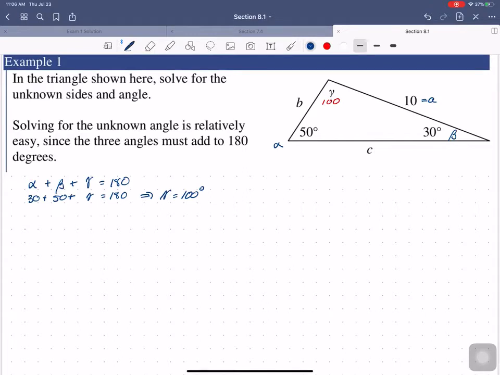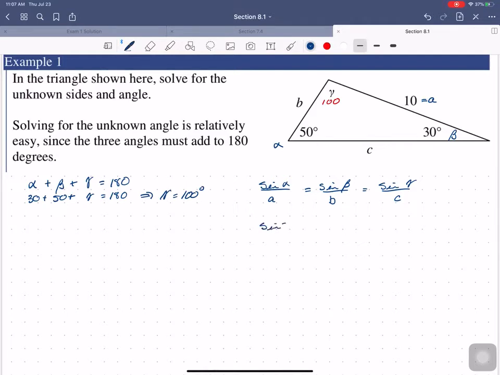All right, so let's talk about some law of sines. We know that the sine of alpha over A is equal to the sine of beta over B, and also equal to the sine of gamma over C. Well, I know both alpha and A, so that's helpful.